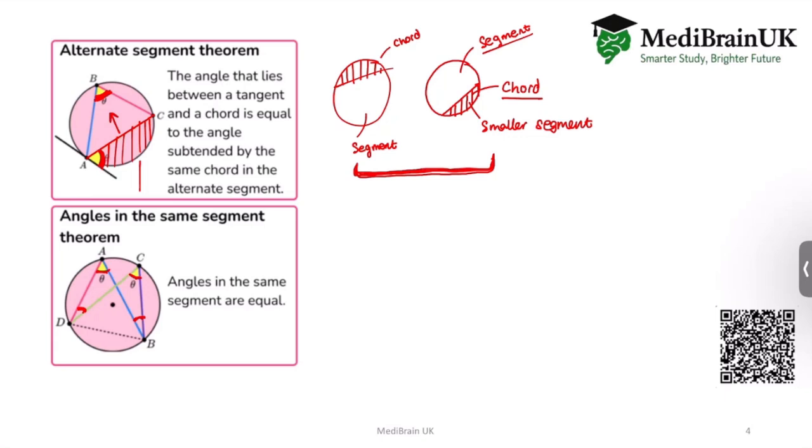So these are the 6 rules that you need to be aware of in terms of circle theorems. In terms of exam questions, you won't be given the rules. You will have to use your knowledge of the rules and see if you can spot what rules apply where. That's the tricky part about circle theorems.